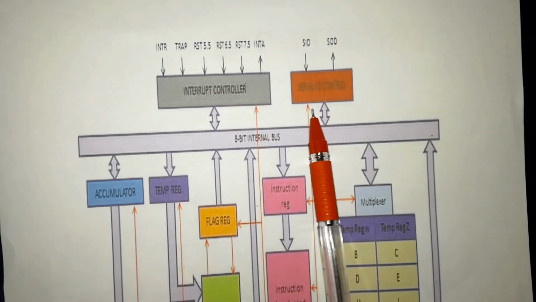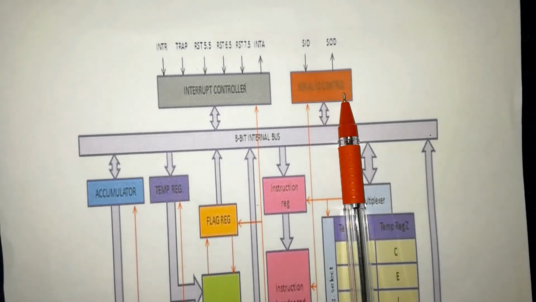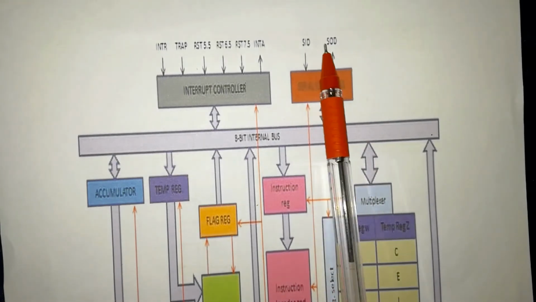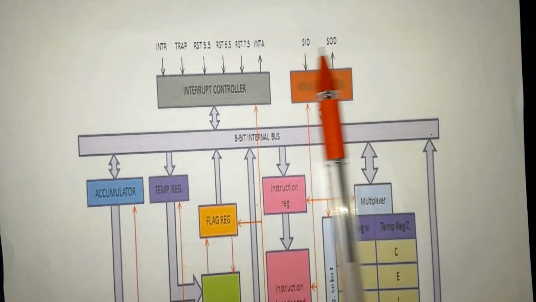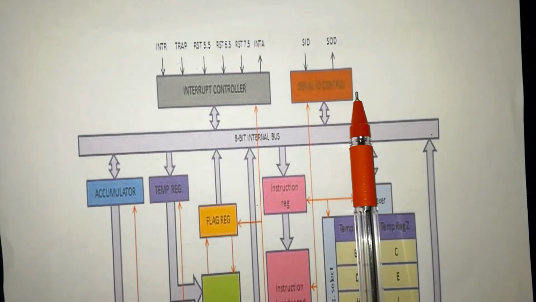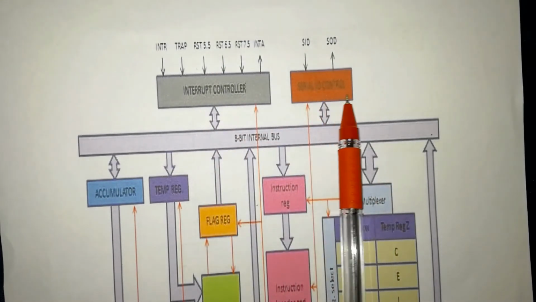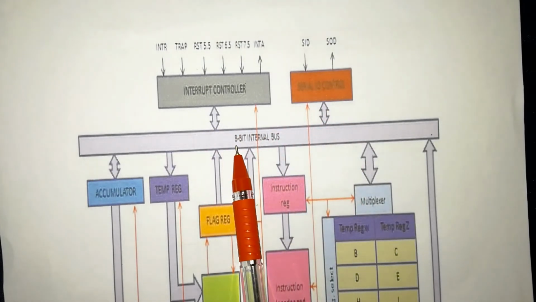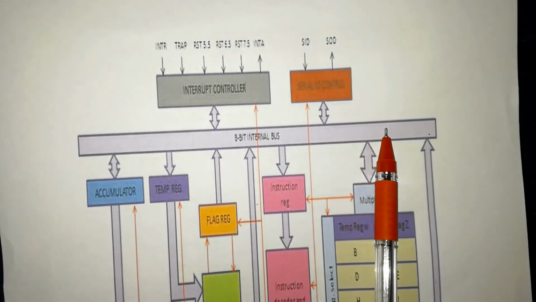And another one here you can see serial input output control. Here SID means serial data input and serial data output. These are the two control bus which are attached to serial input output control, and interrupt controller and serial input output controller, both these are directly attached to 8-bit internal data bus.